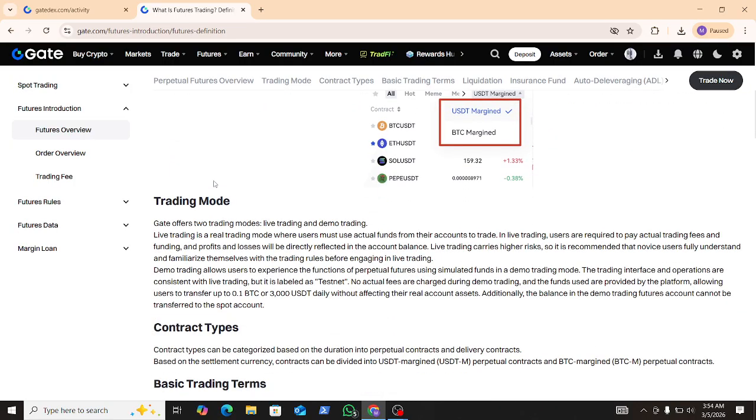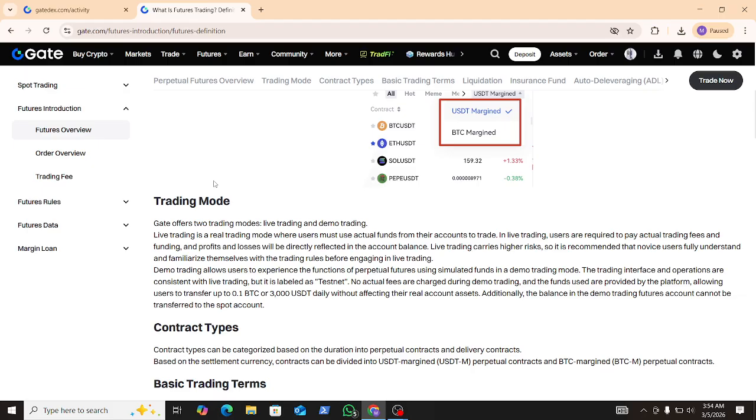Trading mode. Gate offers two trading modes, live trading and demo trading. Live trading is a real trading mode where users must use actual funds from their account to trade.